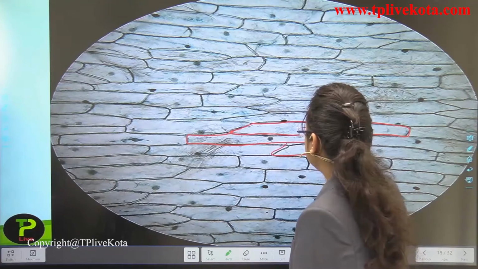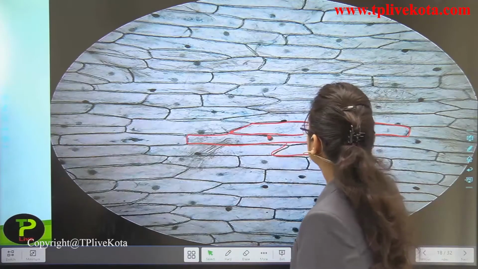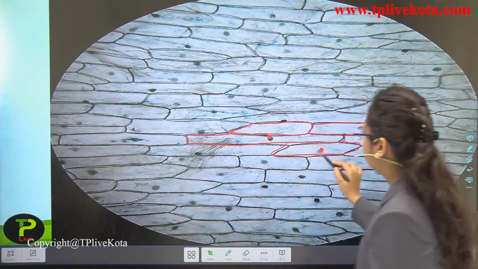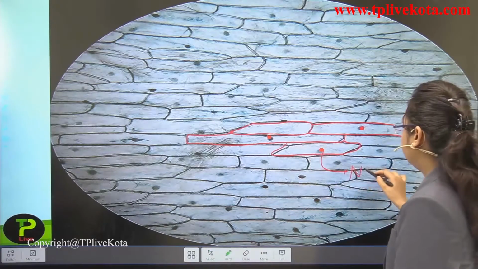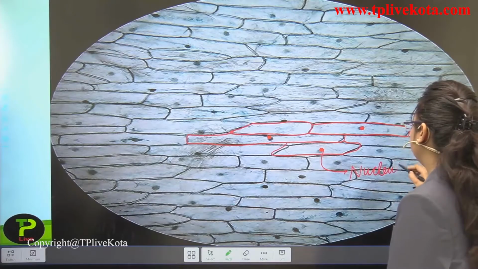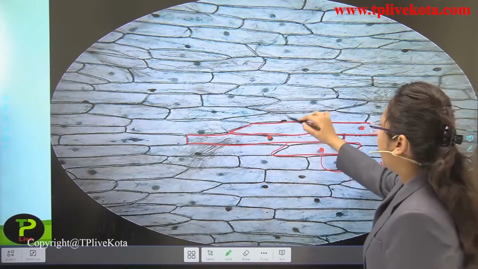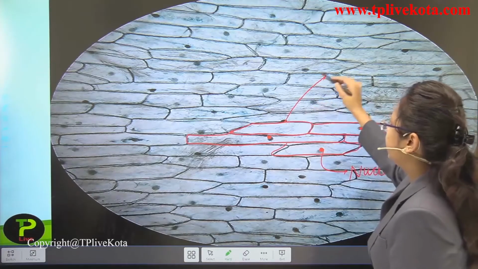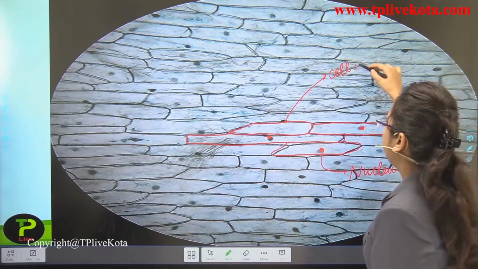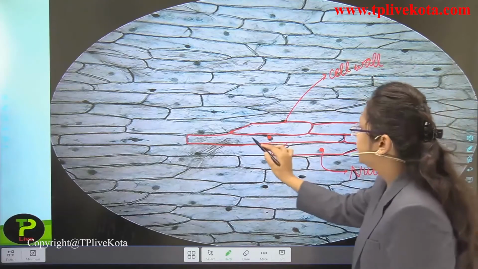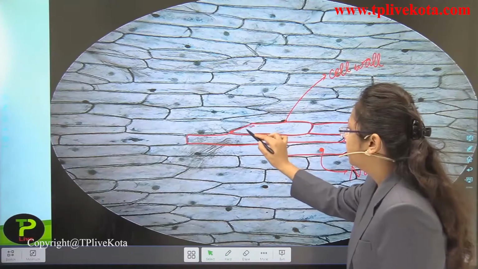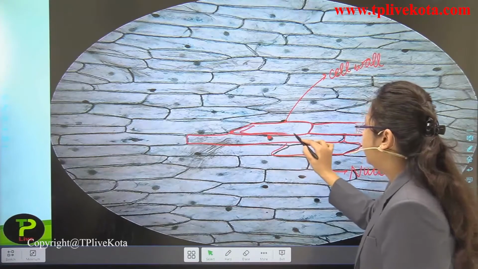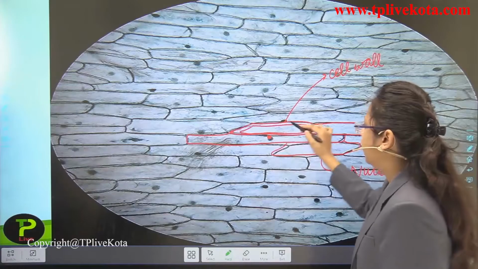Now this is the nucleus over here. The nucleus in each and every cell can be seen clearly. This outer part, which is clearly seen, is the cell wall, and beside it the cell membrane resides.